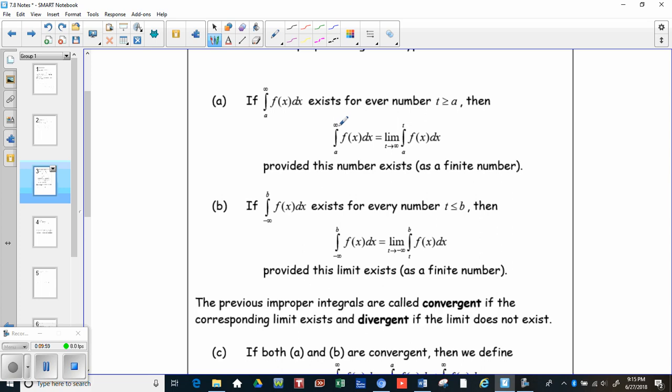So basically you replace the infinity with a concrete variable. And if this is a finite value, then the limit exists. I'm sorry, the integral exists.